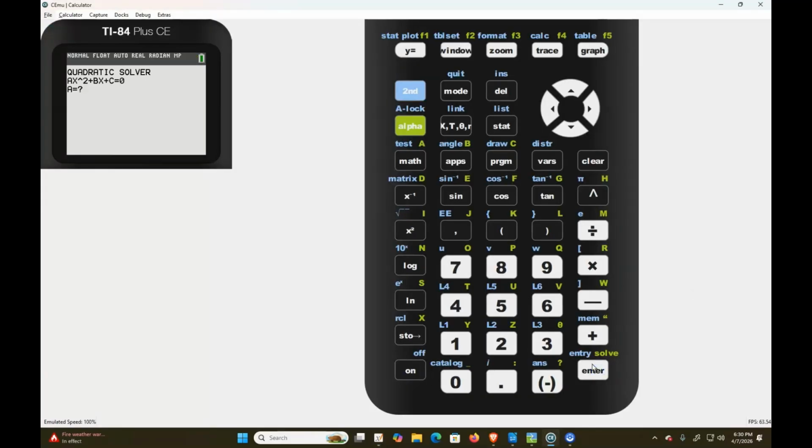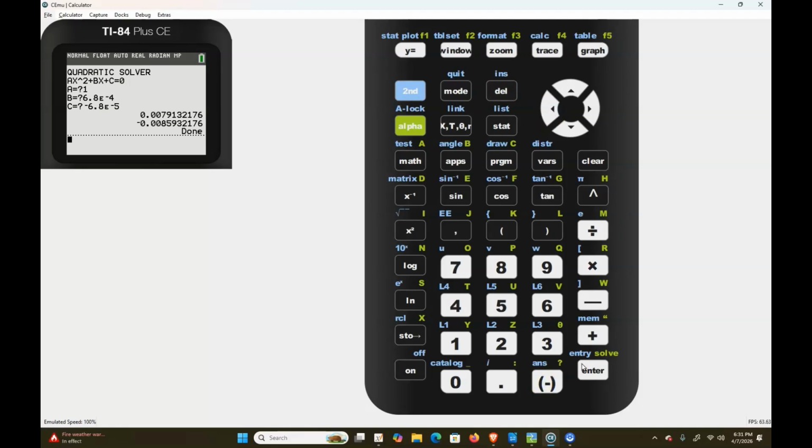I'm going to go ahead and solve this. All right, so my x squared has a coefficient of 1. My b will be 6.8 times 10 to the negative 4th. My c value will be 6.8 times 10 to the negative 5. And that was a negative. Let me insert a negative sign there.